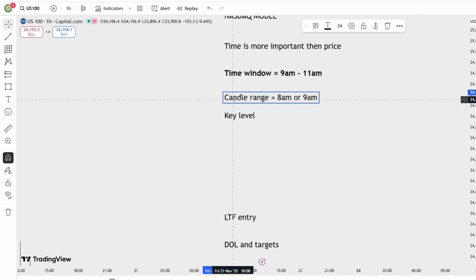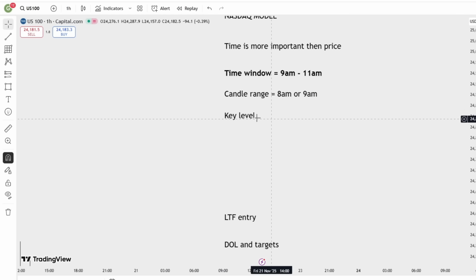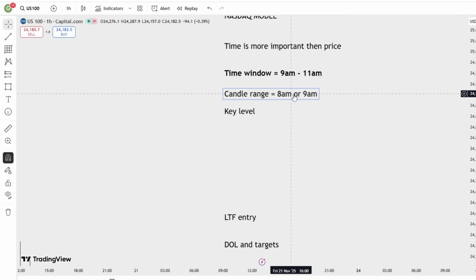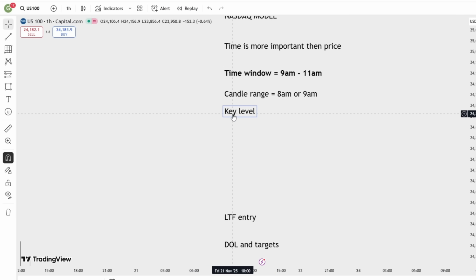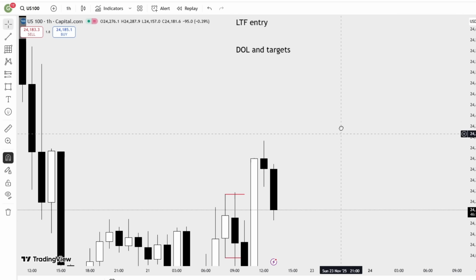This candle must hit a key level. This is why it can be the 8 a.m. or 9 a.m. candle, because one of these two candles most likely hit a key level. And when the 8 a.m. or 9 a.m. candle hits a key level, that's your candle range. I hope that's clear.